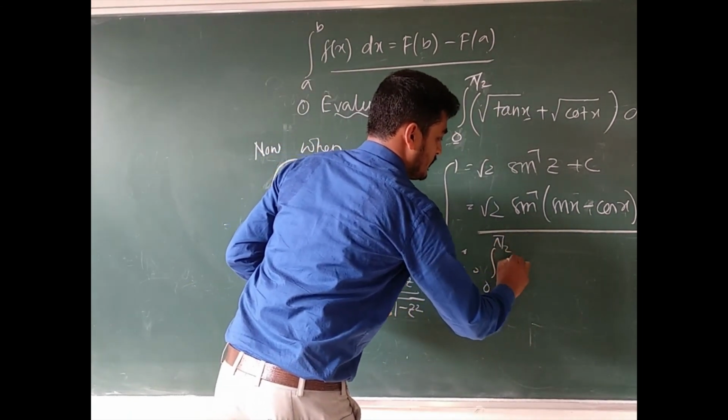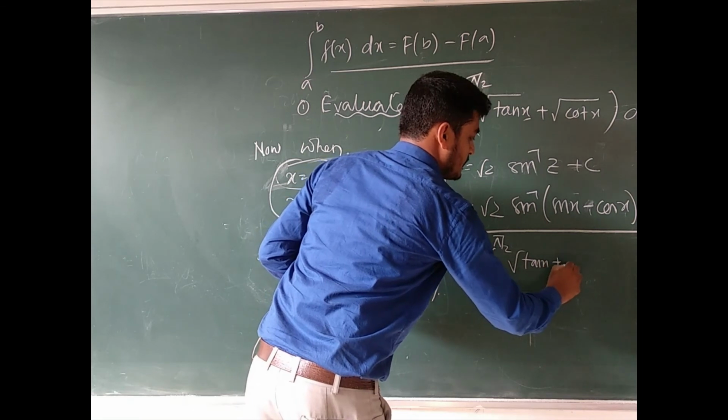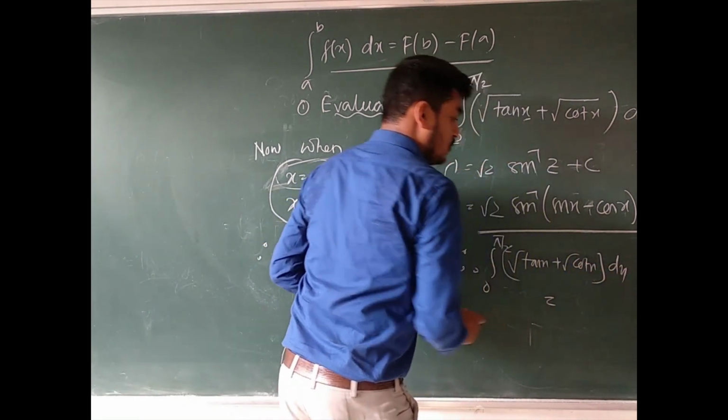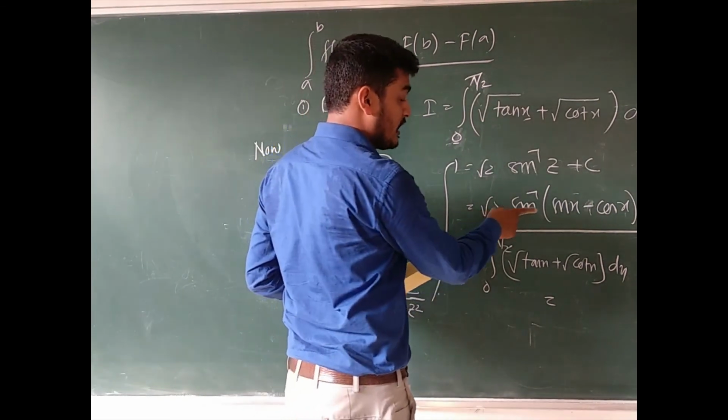0 to pi by 2 square root of tan x plus square root of cot x dx. Now no need to change the limit, because you have got the answer in x form.